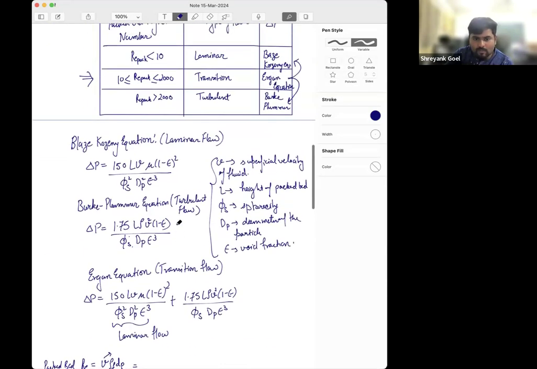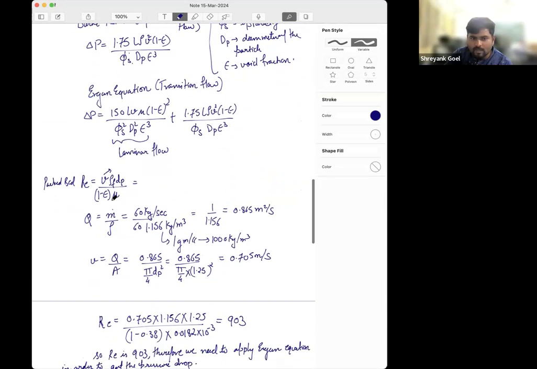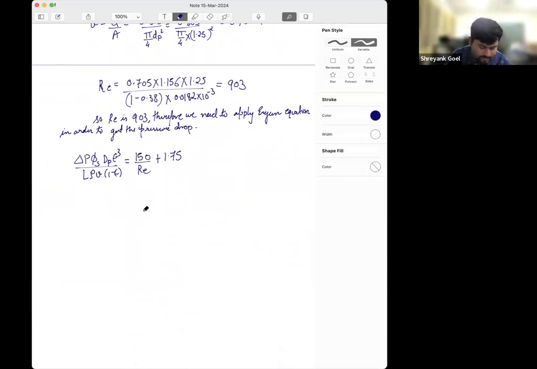I'm just rewriting this equation. If you divide by the coefficient 1.75, you get this as 150 by RE. That is the Ergun equation, with the particle a sphere, so Vs is 1.